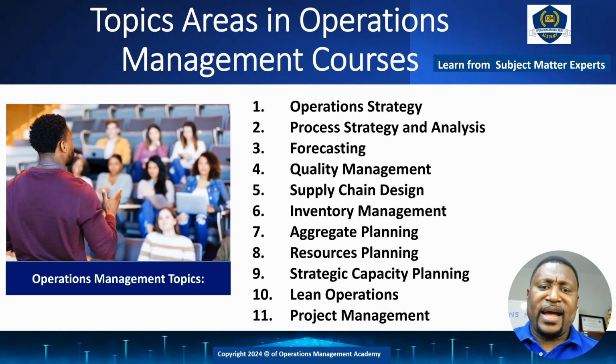So here I have 11 of them. These cover almost everything that we usually teach in an operations management course. But some schools, some universities might decide to just teach 10 of them or 9 of them, depending on what their programs are. So do not expect to have all of them in just one class.